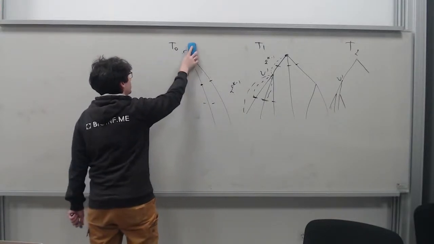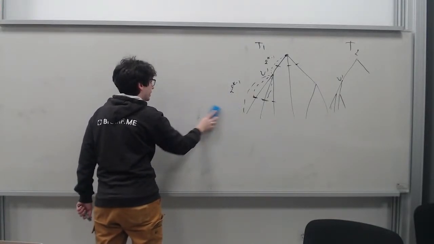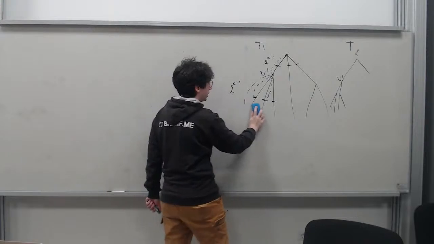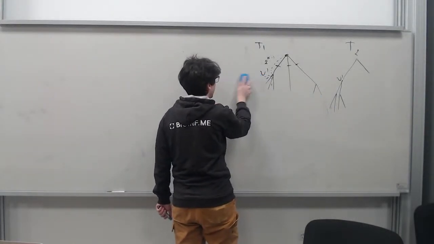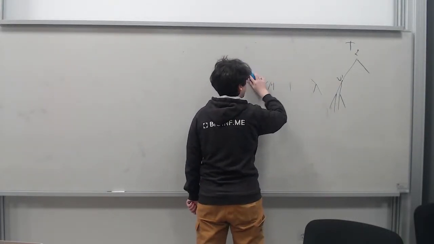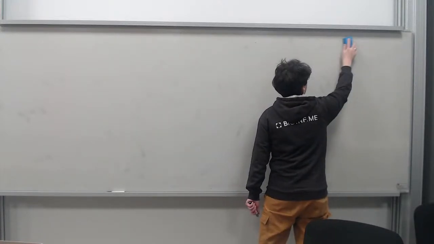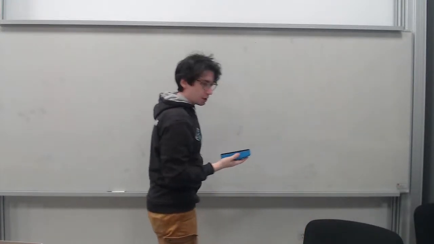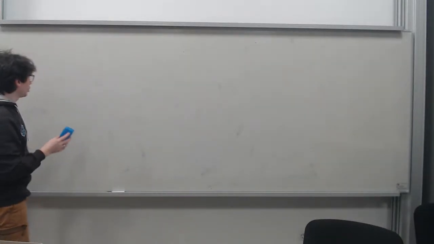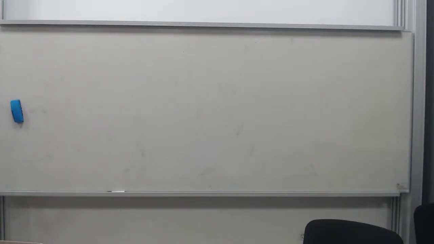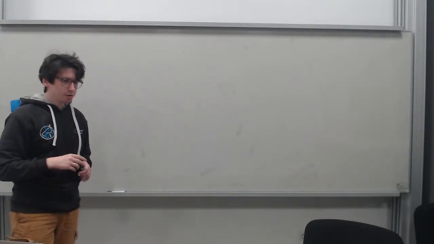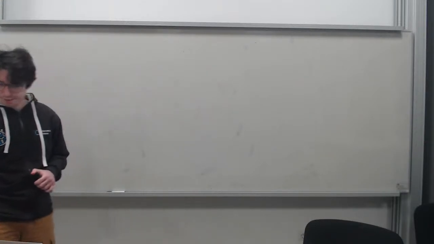Now we will consider how to build a suffix array in polylogarithmic time, and at the same time with linear work. I'm not sure whether in your algorithms and data structures course you were told about that. I think not: how to make a suffix array in linear time.